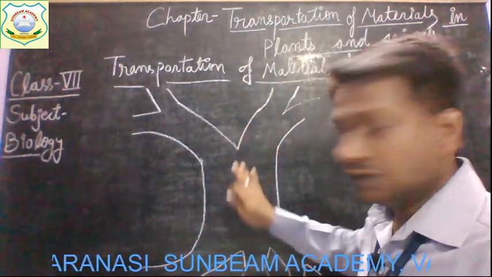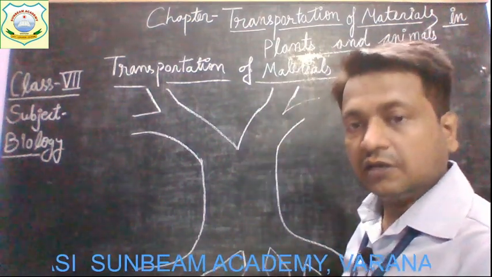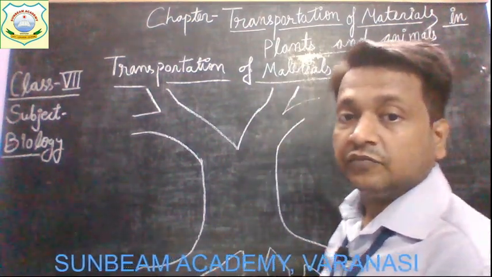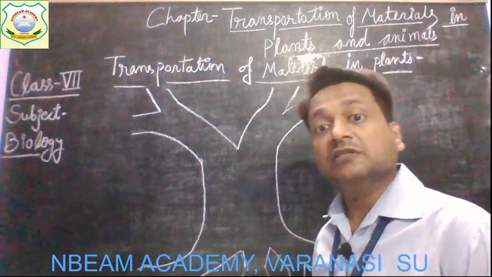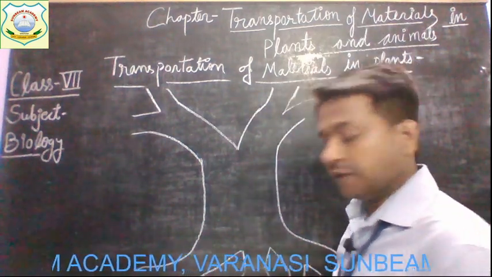So this is the stem of the plant, the root of the plant and the branches of the plant. Inside that we have the transportation system by which the materials are transported.